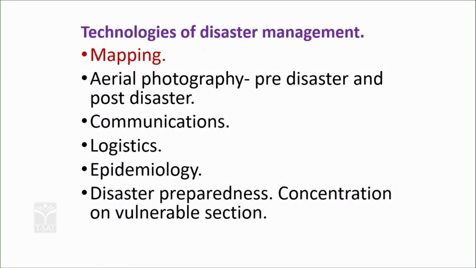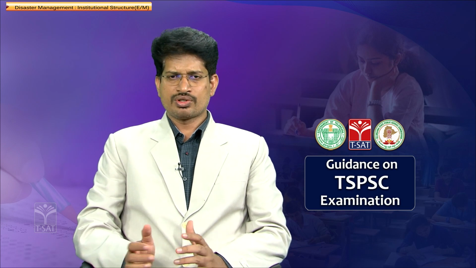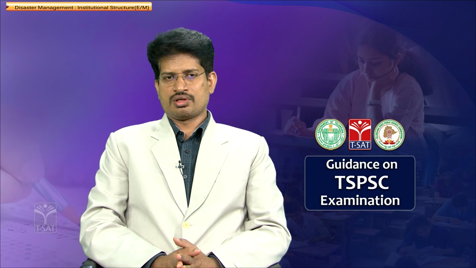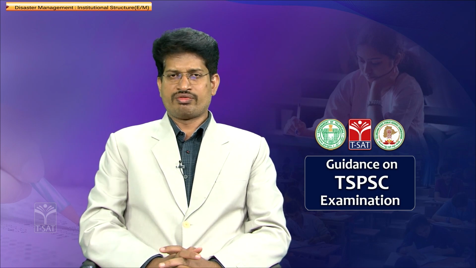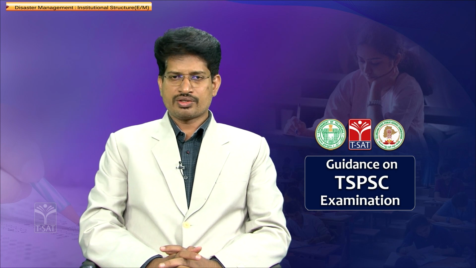Next, disaster preparedness. As I have discussed in the previous sessions, you need to have certain prepared mechanisms: storing medicines in advance, having alternative transport systems, having legislation, prepositioning personnel forces.